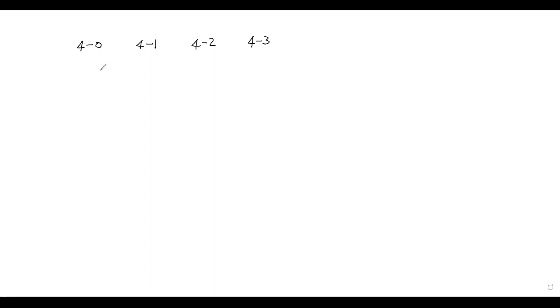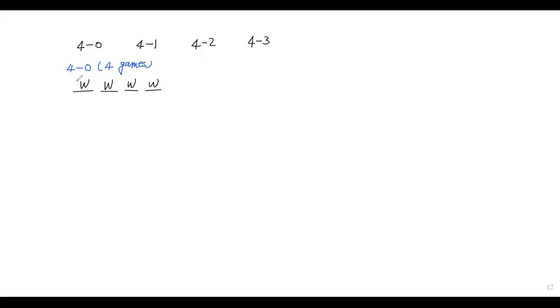Let's take a look here. For the 4-0, that means a total of 4 games. What is my situation? It will be games 1, 2, 3, 4, so they're going to win, win, win, win.